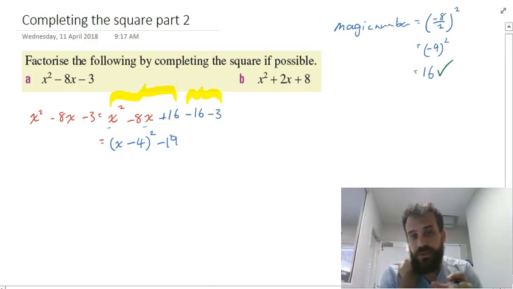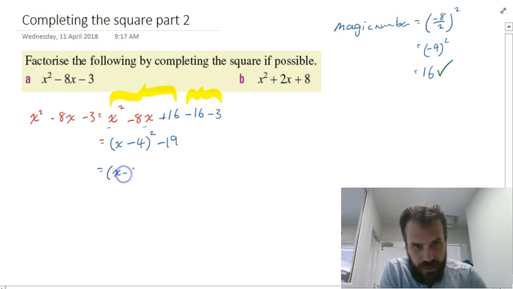Alright, that's looking pretty good, but it's not really factorised yet. Now, we need to sort of cheat a little bit to make this thing get factorised. We've got x minus 4 squared minus 19. Now, we need to make this into a difference of 2 squares. So, this is a square number, x minus 4 squared minus 19. Now, 19 isn't a square number, but technically any number could be a square number, as long as you write it correctly.